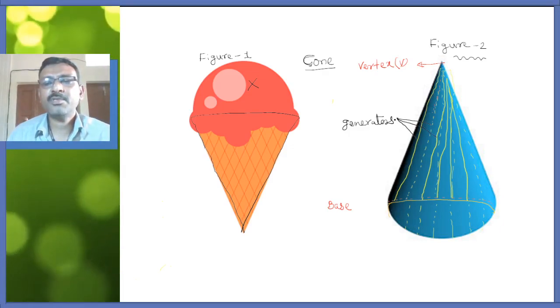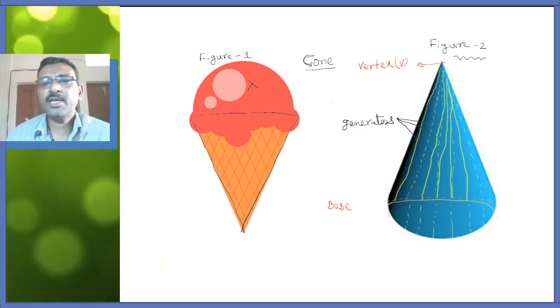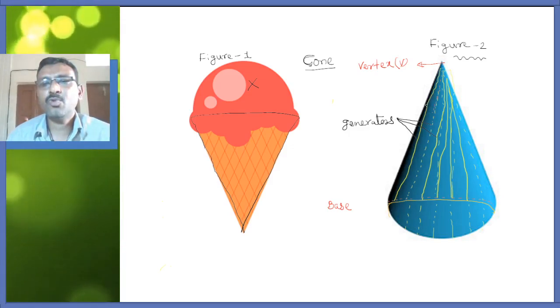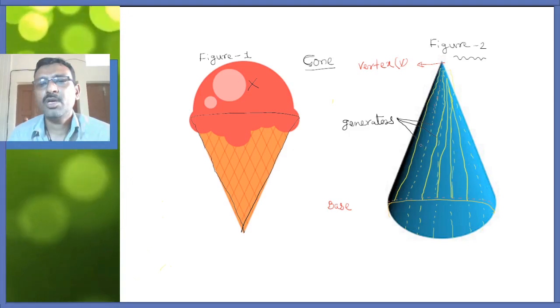So if you take any generator and move it on the base curve, some surface is generated, that is called a cone.